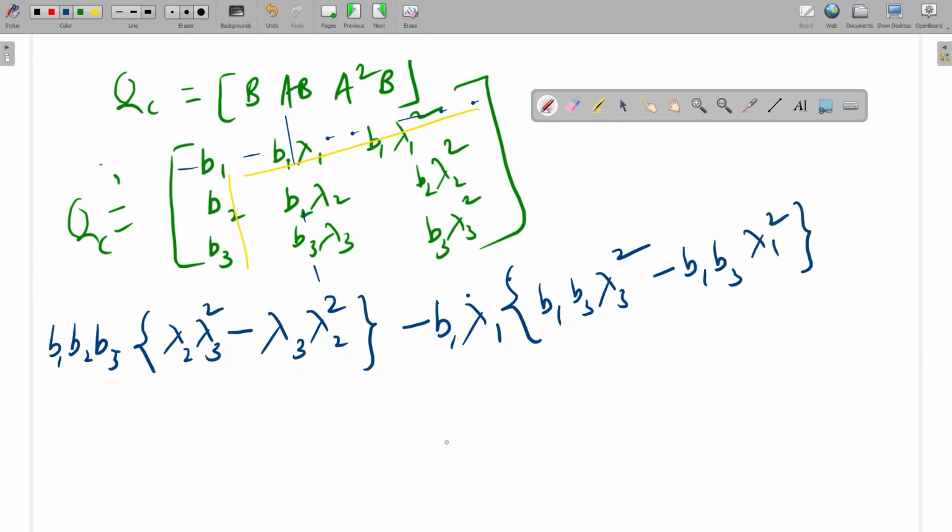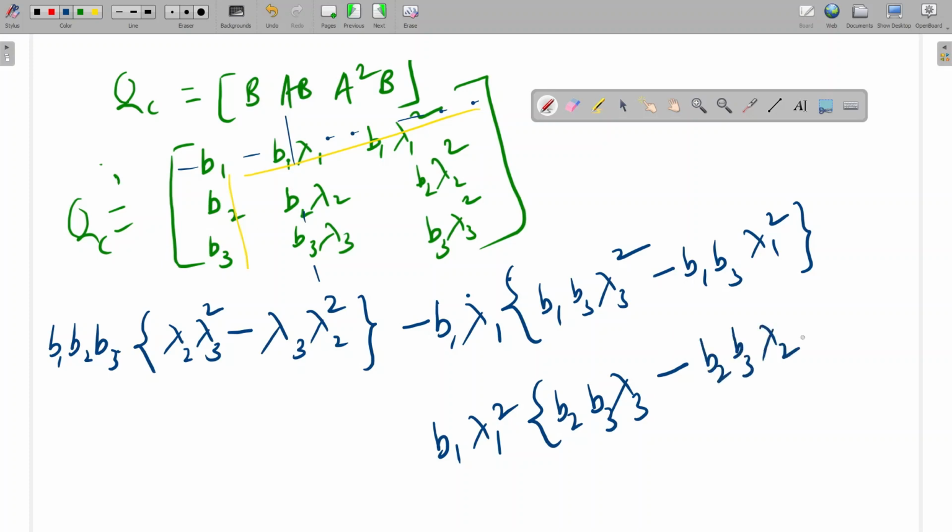And the third one is b1 lambda 1 square, and the terms will be b2 b3 lambda 3 minus b2 b3 lambda 2.